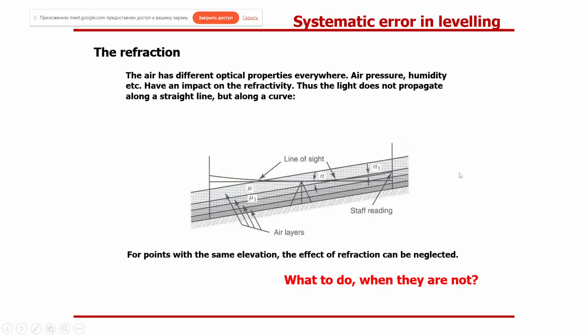And that is why Willibald Snellius, an ancient geodesist, explains this law, and that is why we should try to make the systematic error not very big.